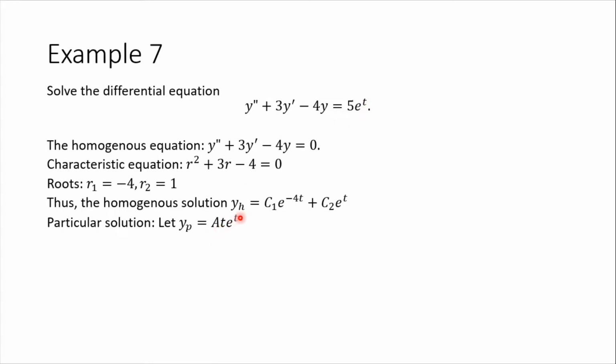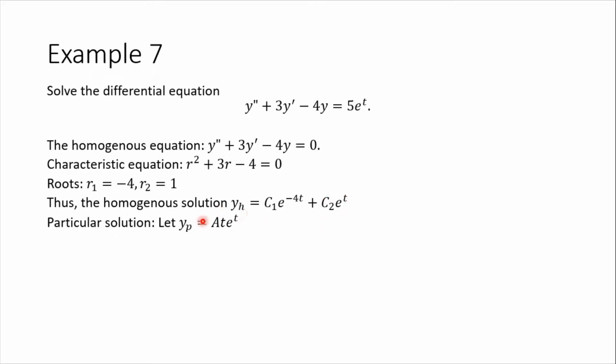A without the t, e to the power of t. But if you check with the homogeneous solution, you will see that there is the same term there. So without the t, this one, a e to the power of t, is the same term as this one, right? E to the power of t.